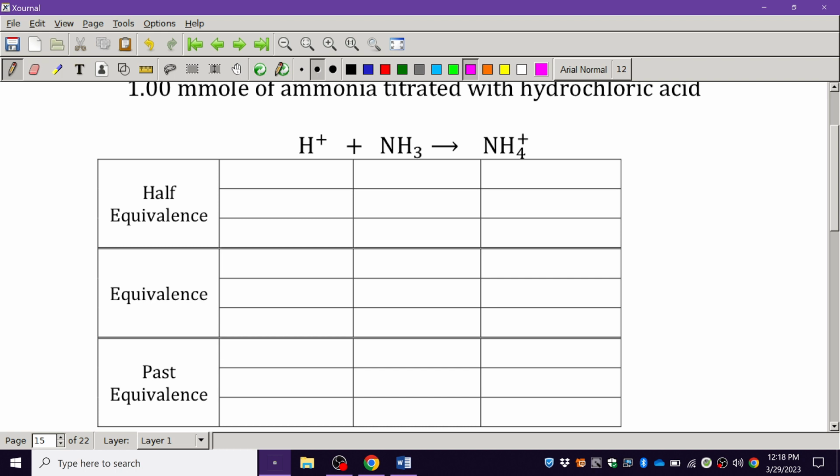How do we classify ammonia back in the last chapter? It's a weak base. So this particular titration we would classify as a weak base, strong acid titration.